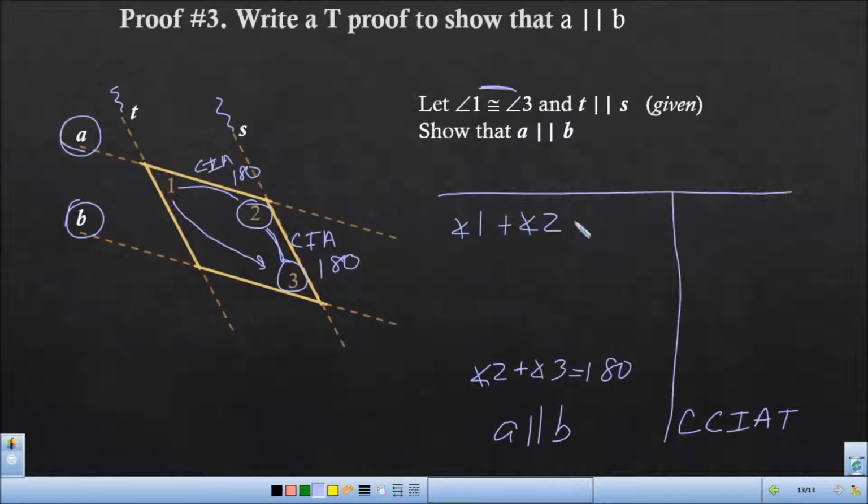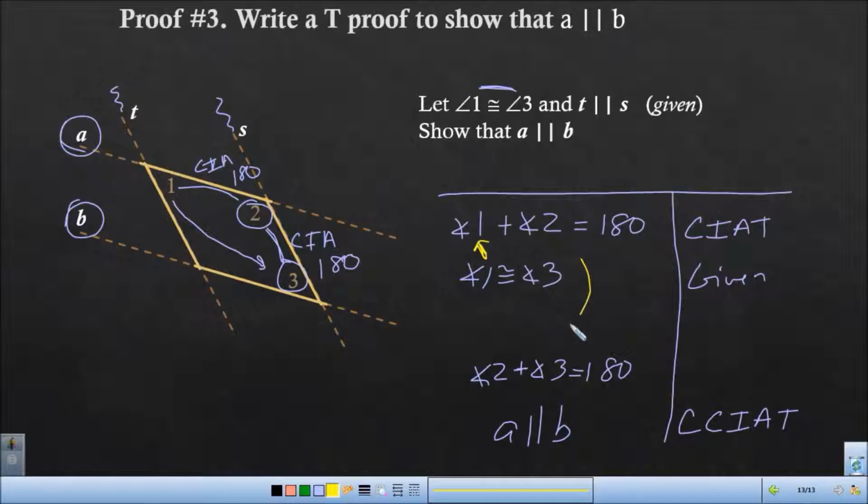All right, and this is the consecutive interior angles theorem. And then we can say that angle 1 is congruent to angle 3 because of the given. All right, so look here. We can make a quick substitution. And that's going to give us this by substitution.